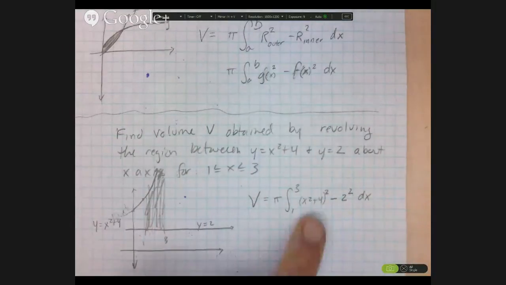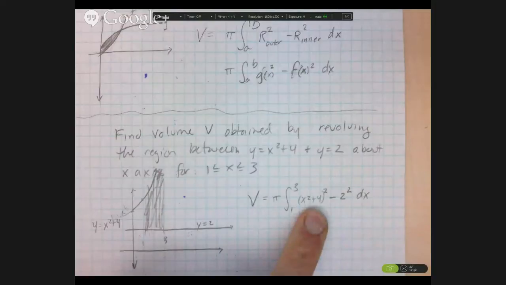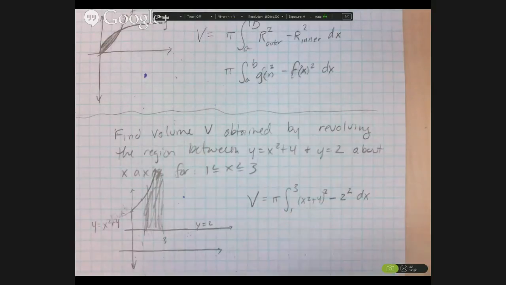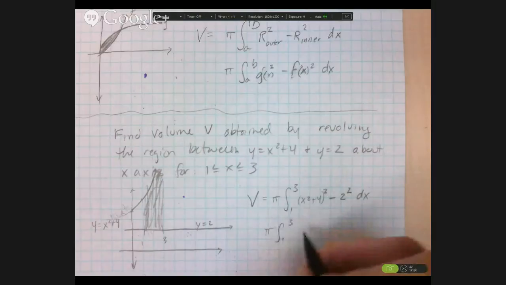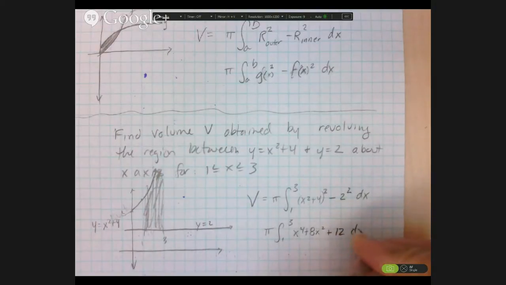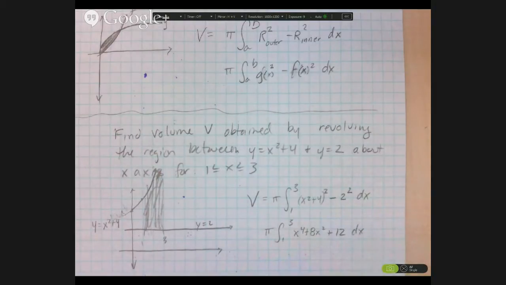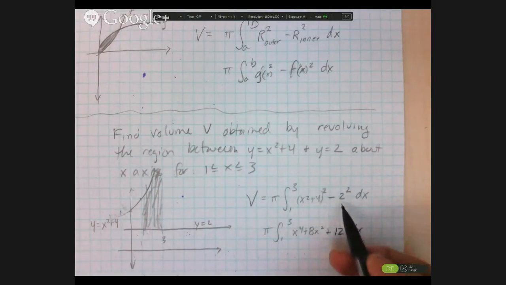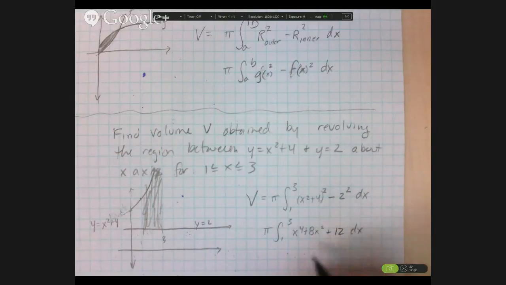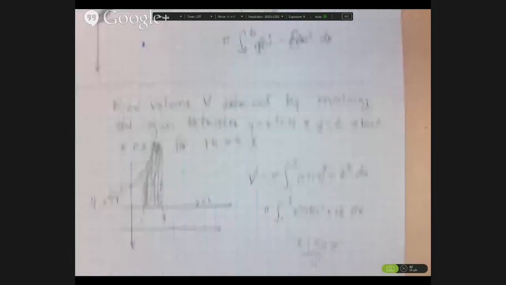How would you deal with that? Yep. FOIL first. And finish. Yeah, it's 16 minus 4.